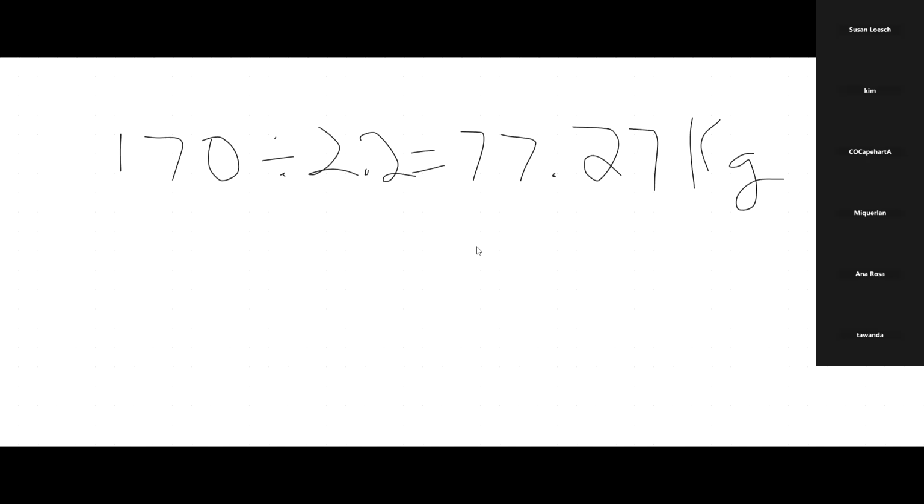All right, so I always start with the weight, as soon as the whiteboard wants to let me work, which was 170 divided by 2.2. That gave me 77.27. That's kilograms. I'm multiplying that whole number times my 10 micrograms.